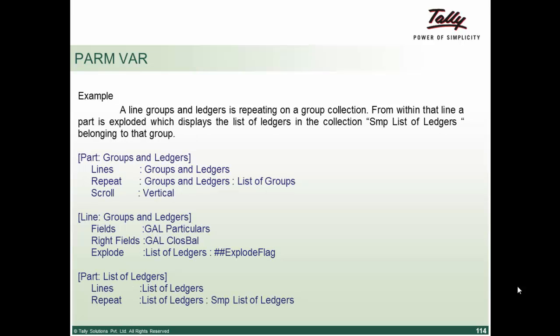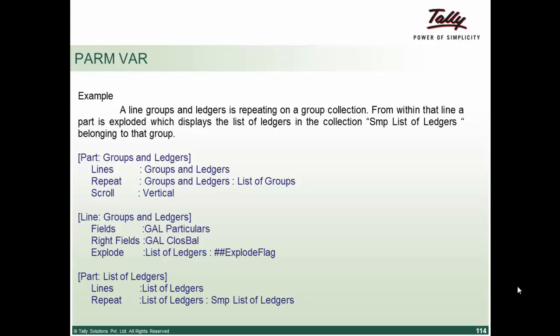So we have just lined up an example here. A line, groups and ledgers, is repeating on a group collection. From within that, a part is exploded which displays the list of ledgers of that collection. So the main part is repeating on groups, and we have an exploded part which repeats on ledgers.